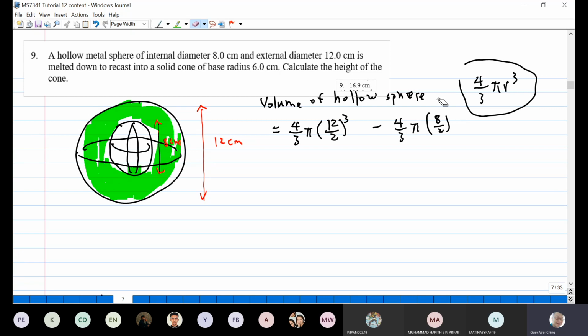So you find the volume of the hollow sphere. We take the outer, bigger sphere and subtract the inner, smaller sphere. So calculate 6 power 3 first, then minus 4 power 3.